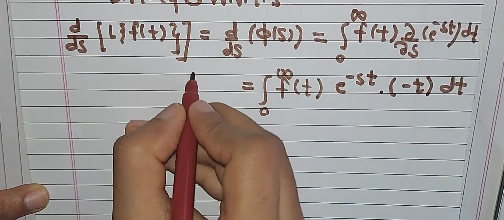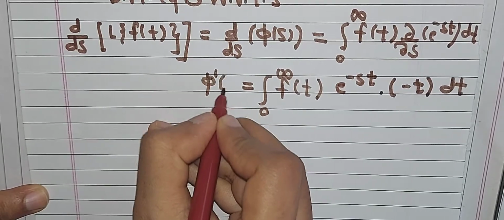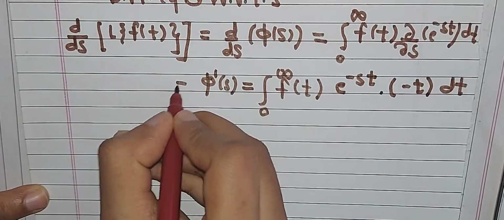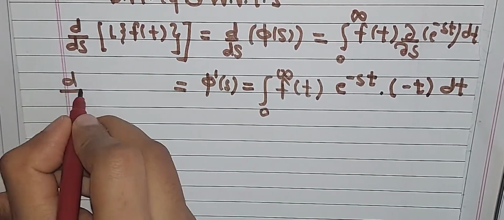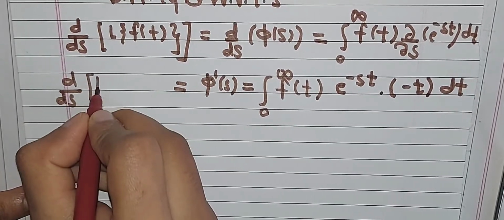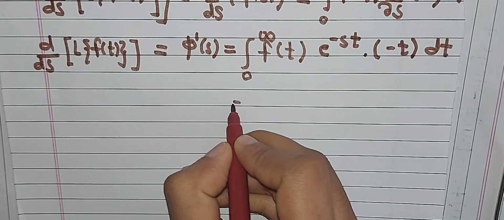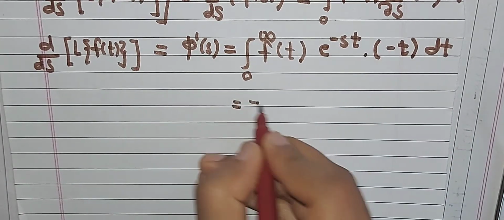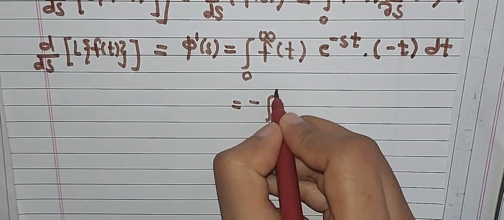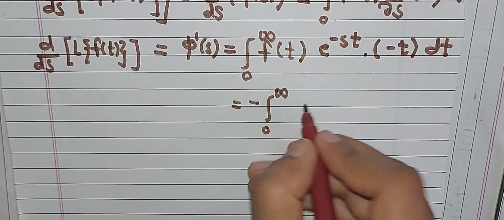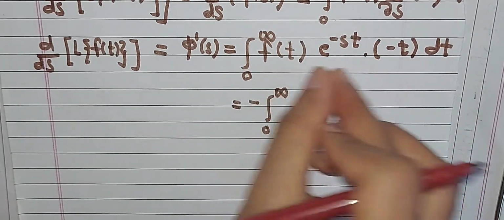And this term we can replace as phi dash of s, and this term d by ds will remain as it is, that is L of f of t. Now just take this minus sign outside of this integration, then we will have minus integration from 0 to infinity. We will just rearrange these terms.